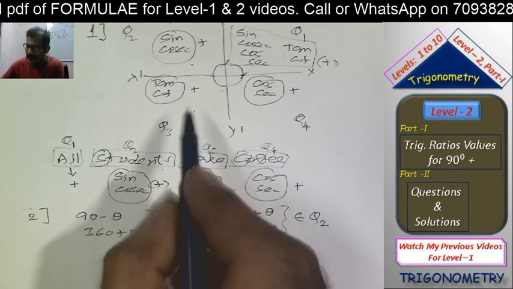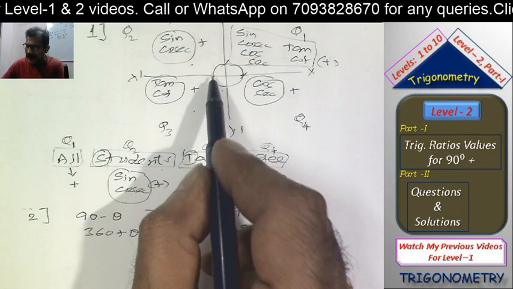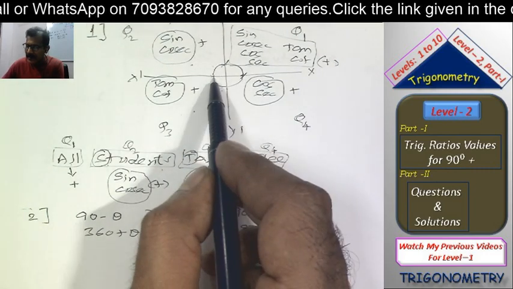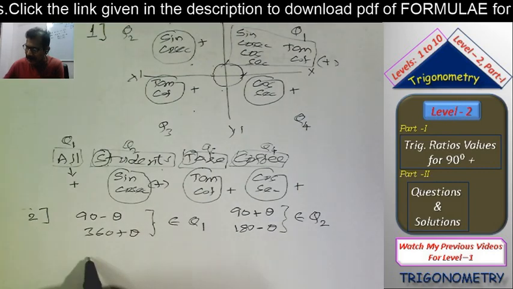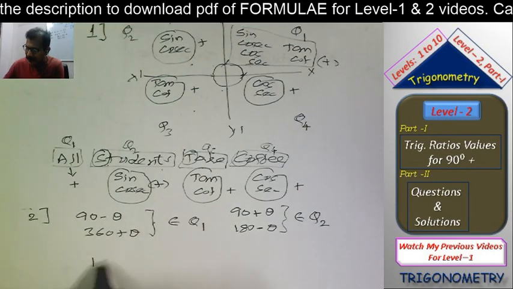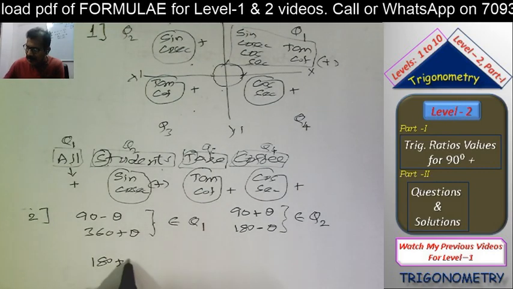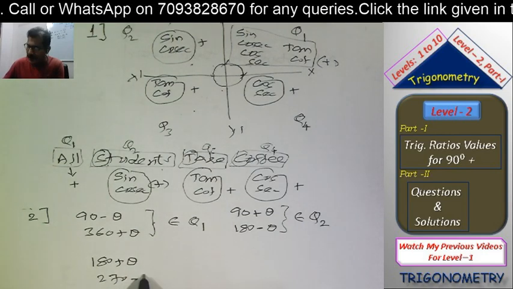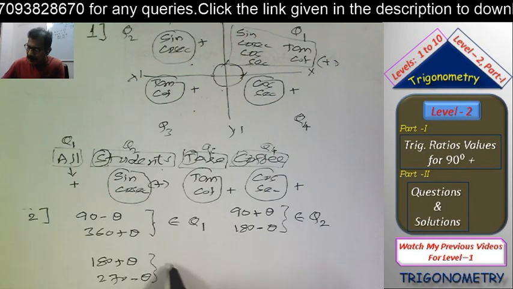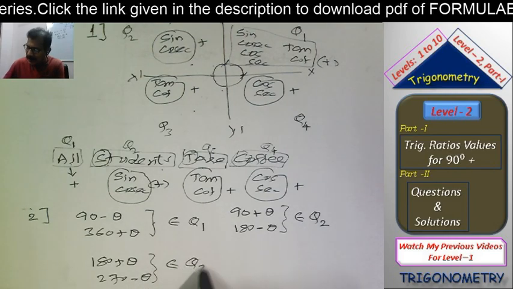The same way, coming to third quadrant, it is above 180 and below 270. Any angle above 180, we write 180 plus theta and 270 minus theta. These two angles belong to quadrant 3.